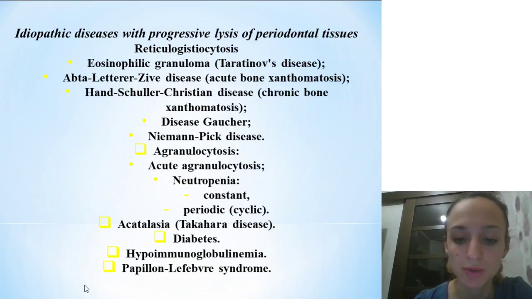Such changes usually have genetic basis and are considered as periodontal syndrome. For identifying of idiopathic lesion of periodontal tissues, children should be carefully examined by pediatrician, endocrinologist, and other specialists. And here you can see different syndromes.